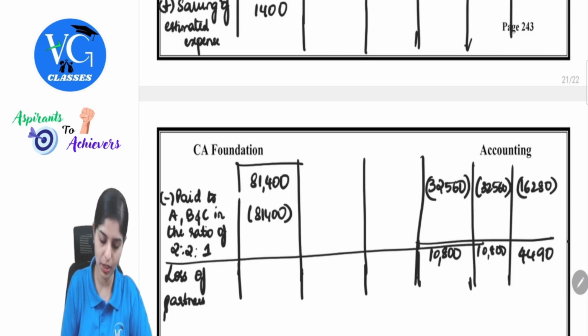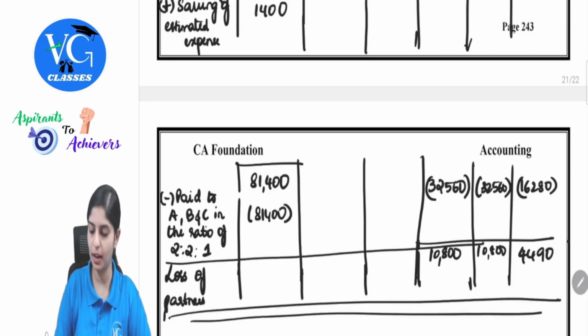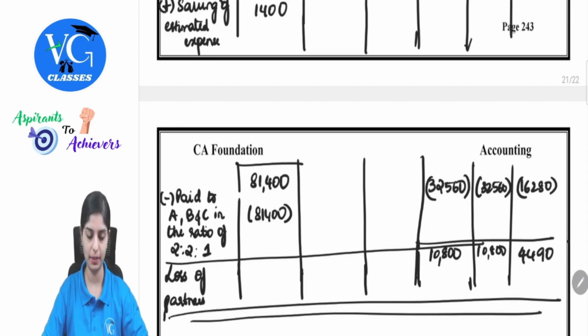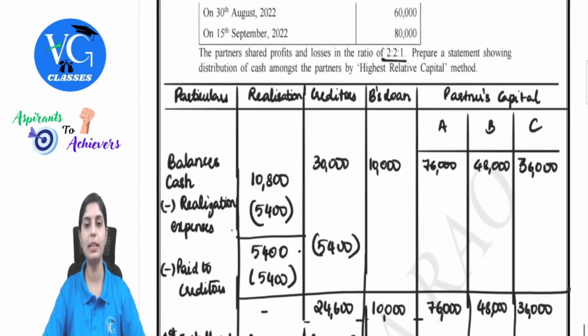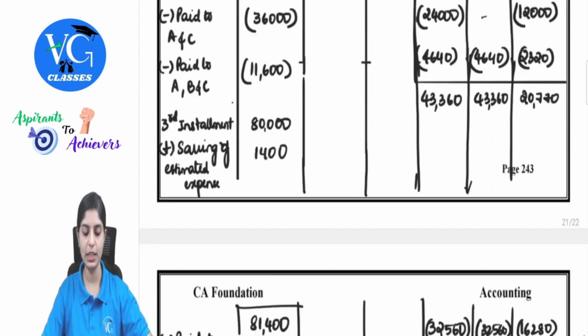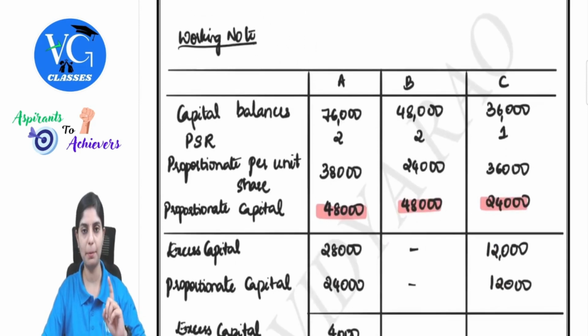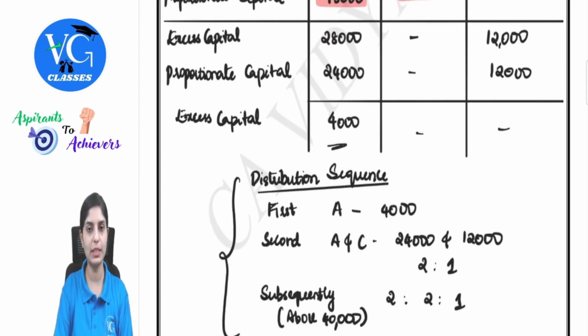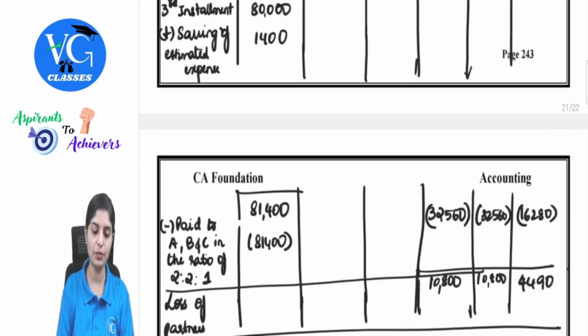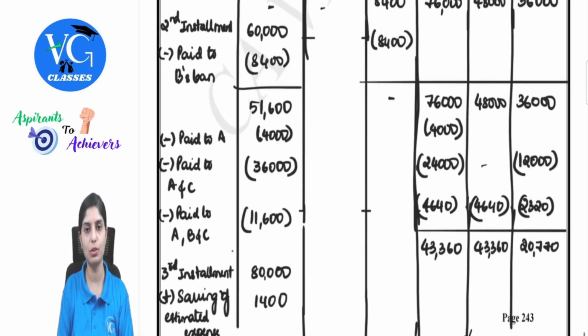So this is how we solve it if it is asked as per highest relative capital method. So just to summarize what we did, with respect to the table, it is the same format we understood under maximum possible loss. Just the additional point in highest relative capital, we worked it on a proportionate basis, understood this order of sequence. So with this order of sequence, we first distributed using second installment.